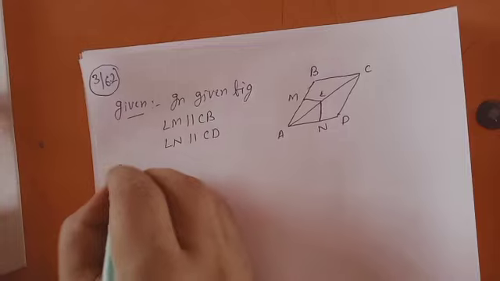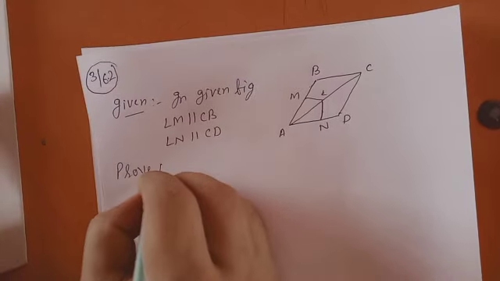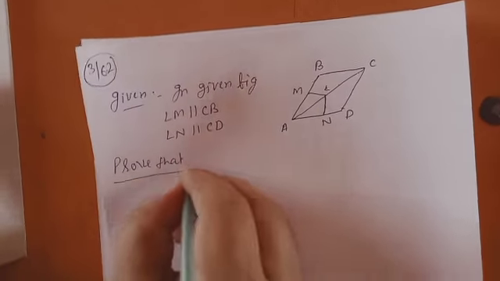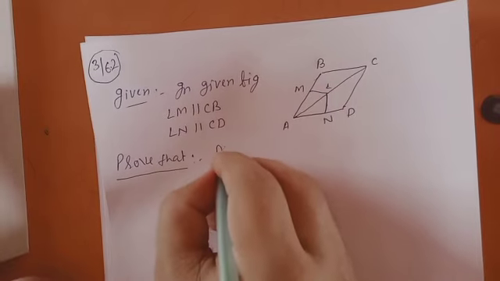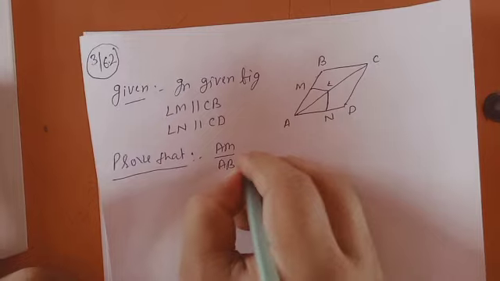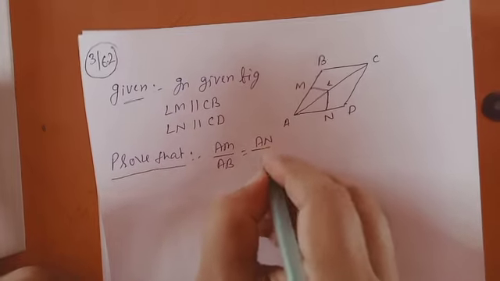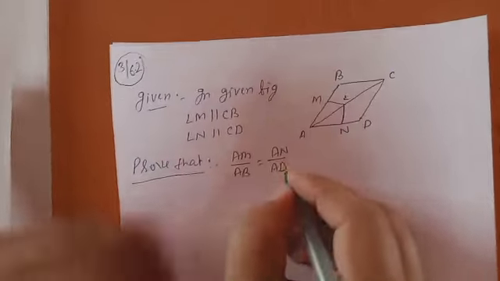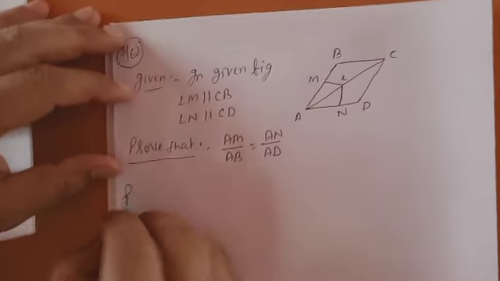You have to prove that. What do you have to prove? AM by AB equals AN by AD. Now it's the proof.